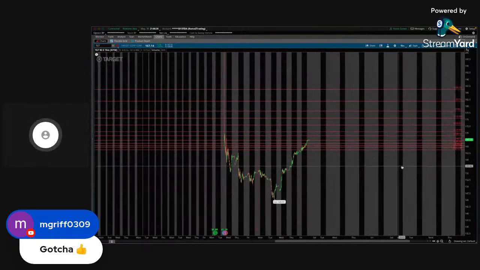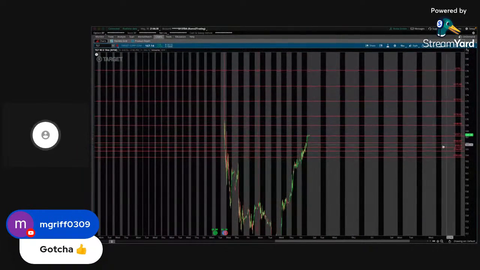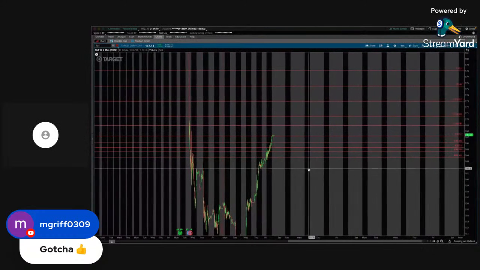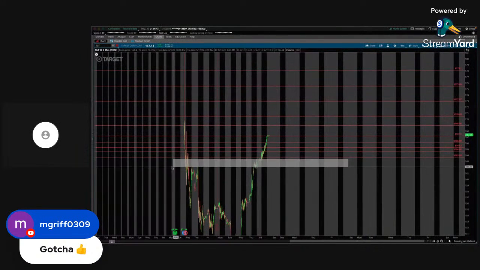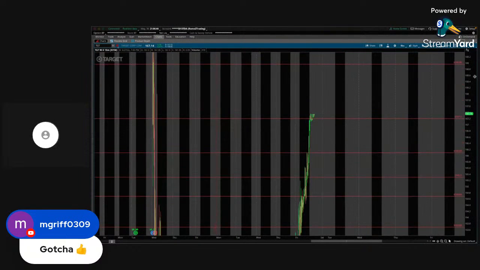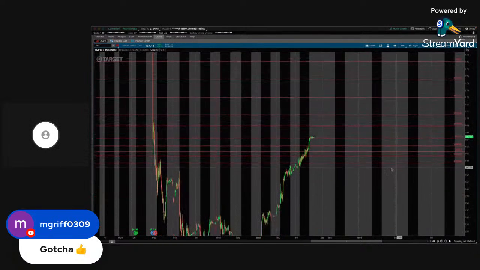So you have to do your own due diligence and see, okay, because of such a gap that we had, you have to be able to understand where the next levels are that price can go to. We can't just say, hey, it's going to fill a gap, right? There's different areas that it has to go to before you're able to fill that potential gap, just like with NVDA, with any other stocks out there.